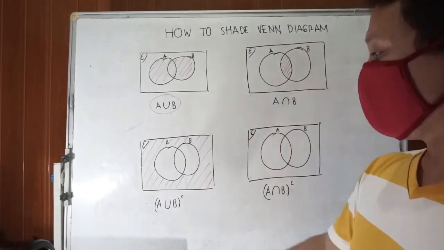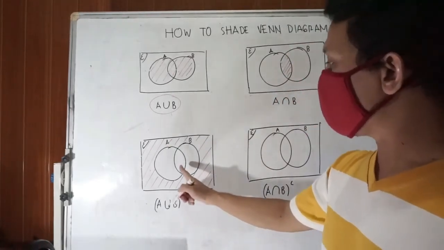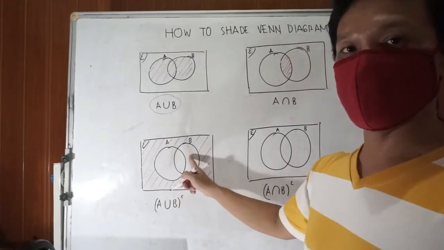Is it clear? A union B complement means out of A and B.